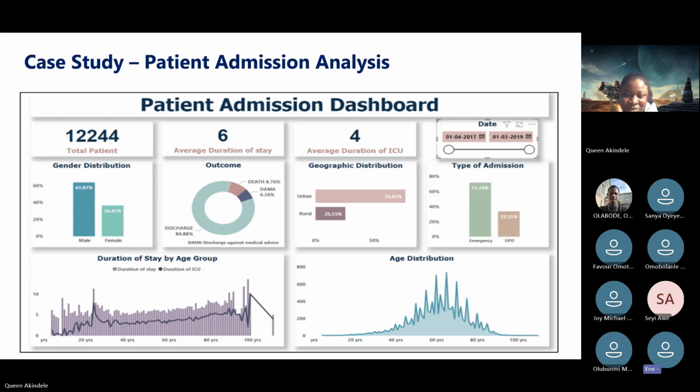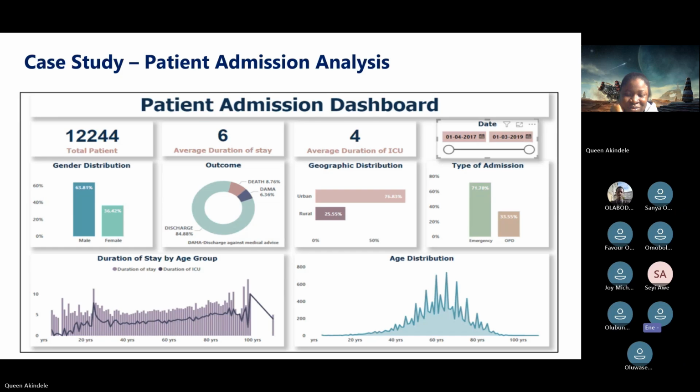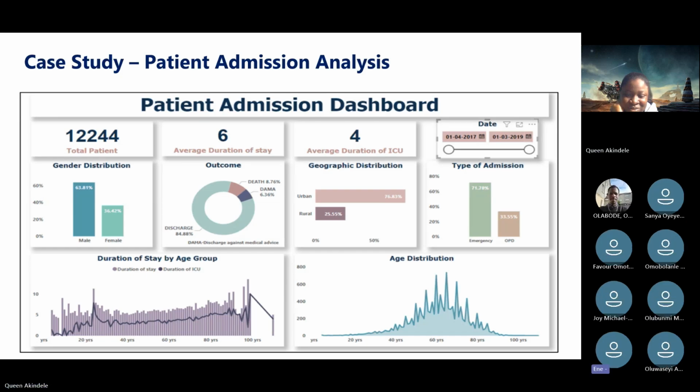Obviously, there are more patients that go into admission in the urban area. What I understand from that is that most likely people from the rural area go to the urban areas for treatment. So that explains somehow why the rural area distribution of patient admission is lower than that of the urban area.